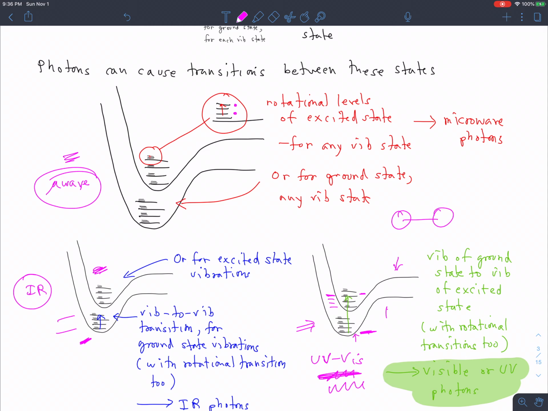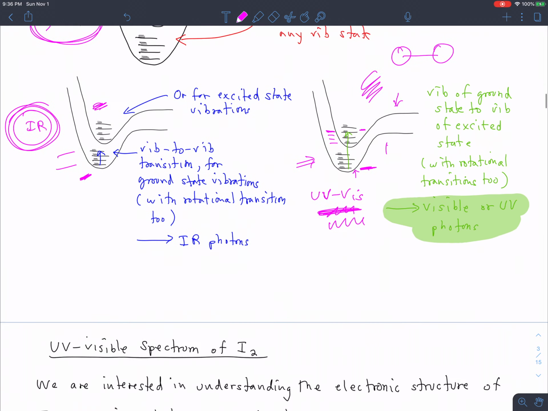That's what I mentioned way up above. And as we'll see down below in the next page, that means that there aren't any visible transitions with microwave or IR radiation. You can only see the transitions that we're after by using UV-vis radiation.